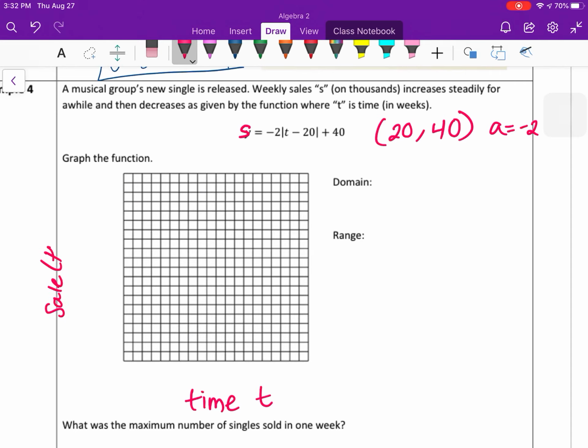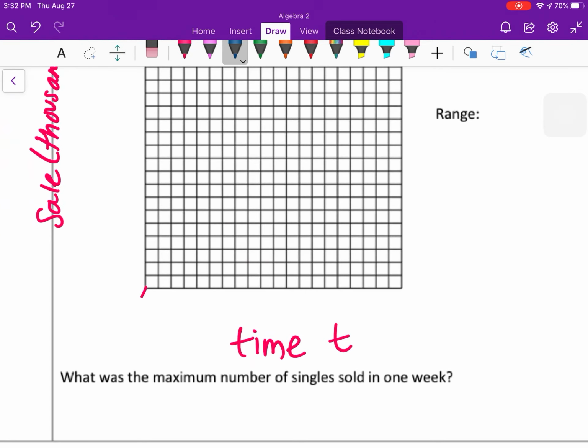Sales in thousands is our Y, so that's going to go on the Y-axis. And remember that each tick mark is going to be 5. So I'm going to label this one as 5, 10, 15, 20, 25, 30, 35, 40, and so on.